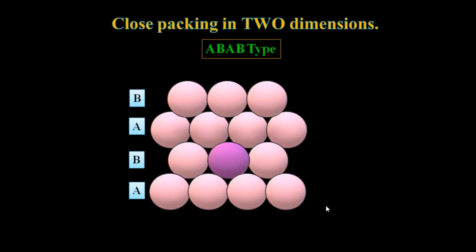Similarly, the fourth row is B type. Hence, this type of arrangement is called AB type of arrangement. This is also called hexagonal close packing of spheres in two dimensions.